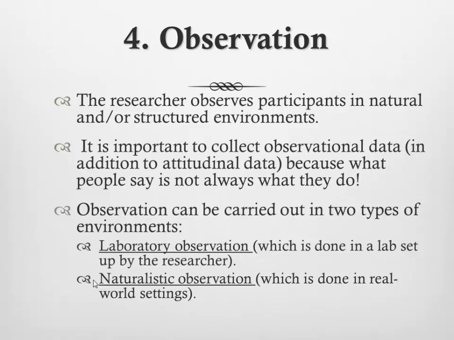So depending on the research question, obviously, observation isn't always going to be the most appropriate method of data collection, but it can be very important to collect observational data because, as I suggested, what people say is not always the way that they act. Observation can be carried out in 2 types of environments: laboratory settings and naturalistic settings.